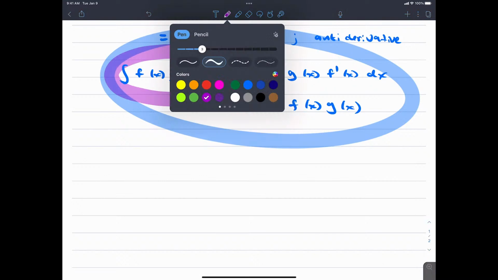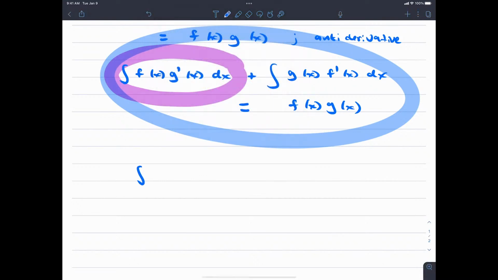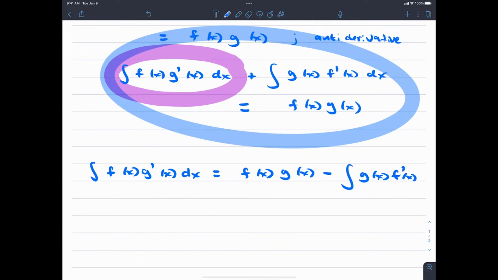So here's what I'm saying. The integral of f(x)g'(x) dx, solving for that integral, is f(x)g(x) minus the integral of g(x)f'(x) dx.